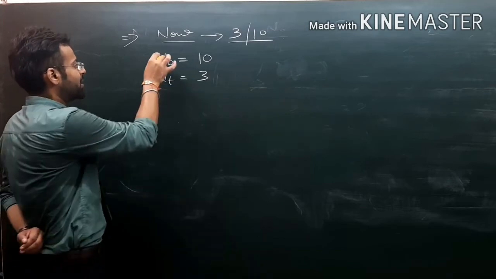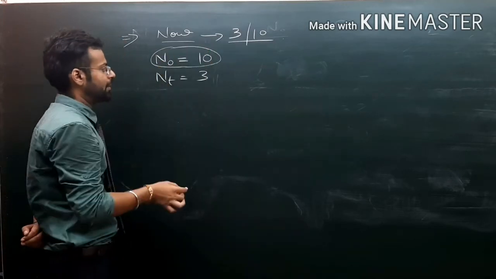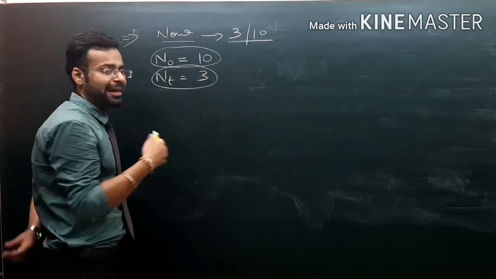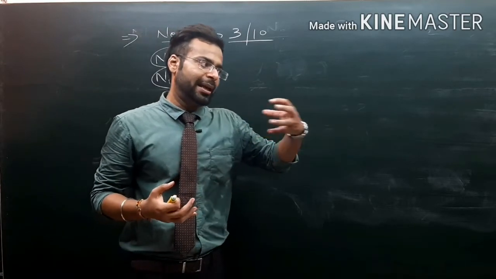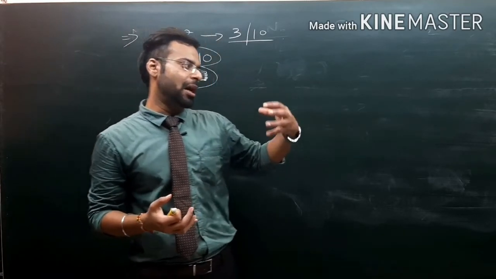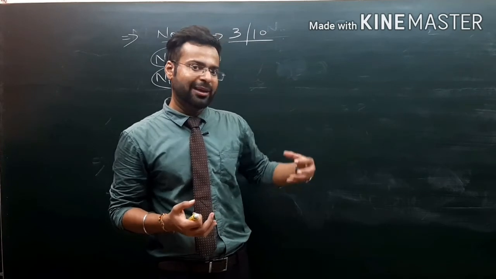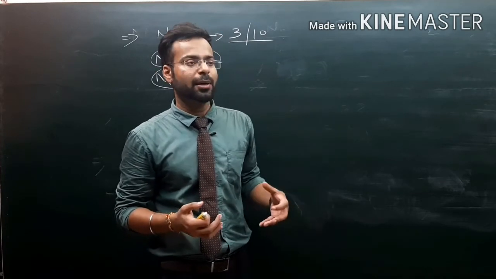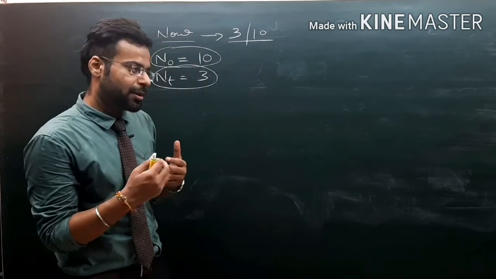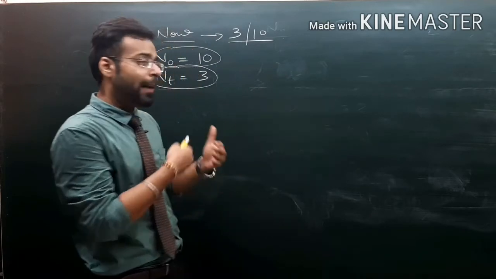So it is giving us an n0 value of 10, and now it has become 3. So 3/10 means if it was 10, it has become 3. If it was 100, it has become 30. If it was 1000, it has become 300.